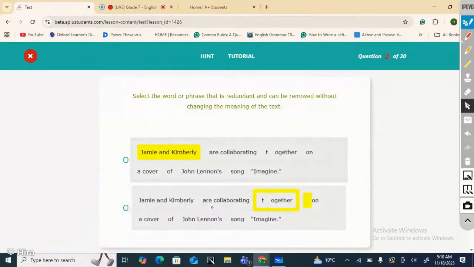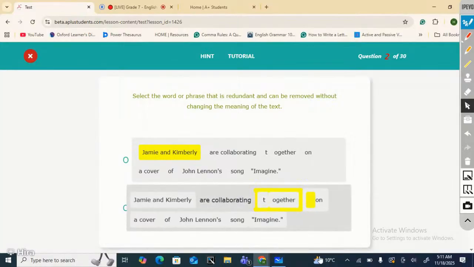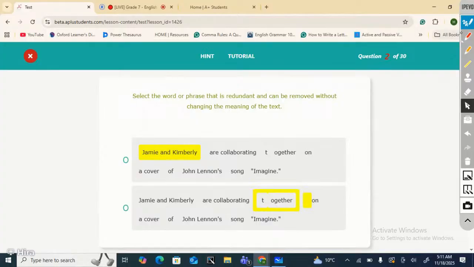Because, as in the beginning when I was explaining this topic, I gave you the example that collaborate means working together. So the word together cannot be used with collaborate in a sentence. It's already used in collaborating. So the word together is redundant.